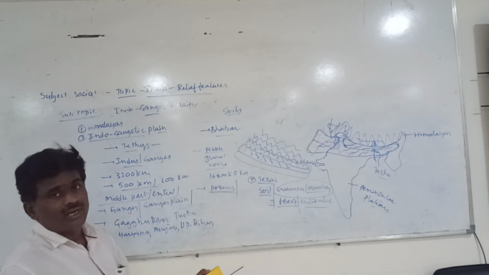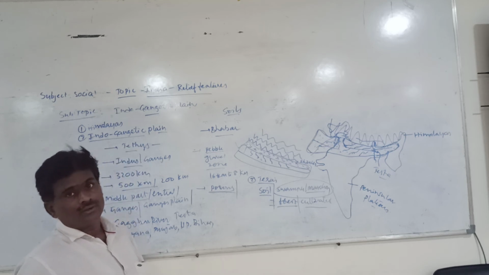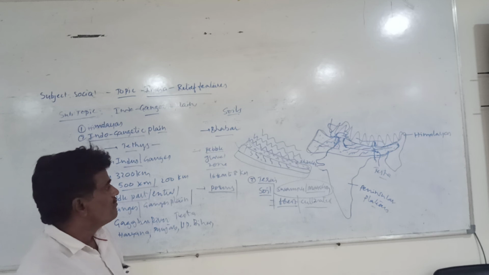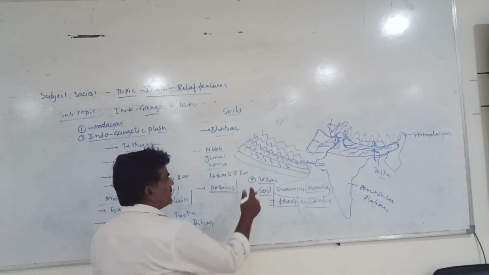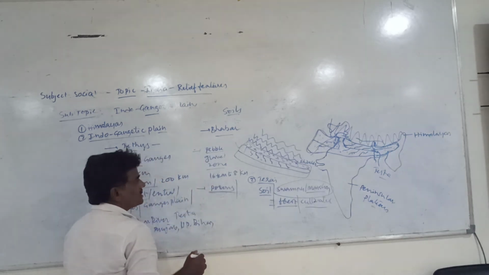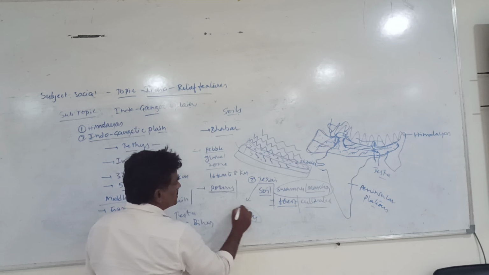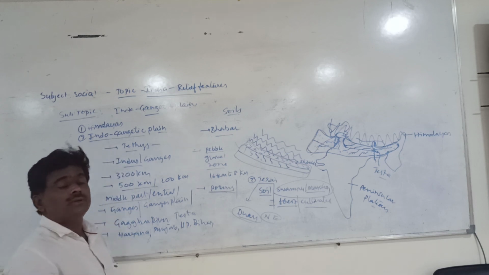Where there is forest, we can see wildlife, right? But at present wildlife is not there and forest also is not there, because the entire area is cleared and brought under cultivation. This is about the terai, which is called dwars, D-U-A-R-S, in the northeastern part of India.